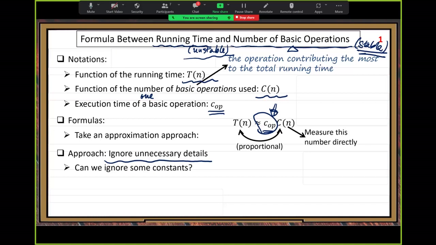So the question: can we ignore some minor terms? Some terms are not that important, some terms very important. Remember, I mentioned a concept before, the dominant term.